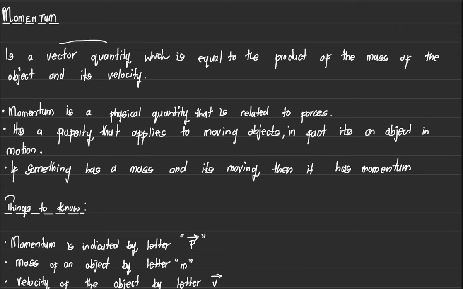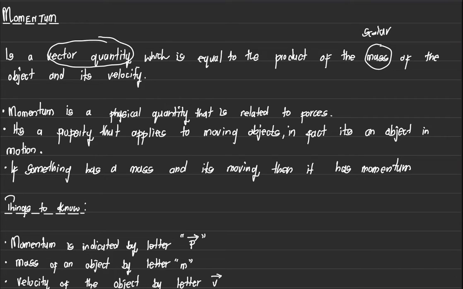So why exactly is momentum a vector quantity and not a scalar quantity? It is a vector quantity because mass is a scalar quantity, and if you multiply a scalar by a vector, the product that you get takes the direction of the vector that is in the problem that you are given.